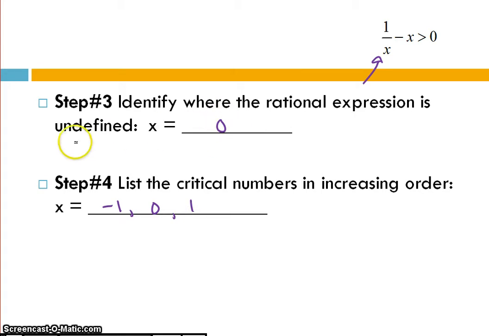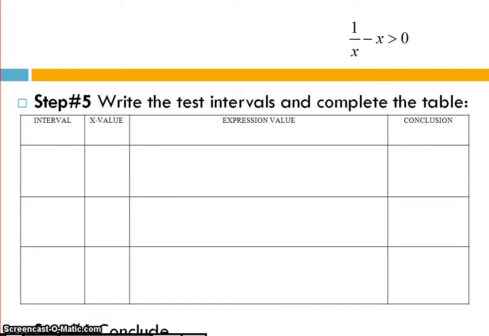At the critical value where it's undefined, you're always going to have the round brackets. At the x-intercepts, we look at the symbol, and that is going to be round brackets because it's strictly greater than. So we're going to have round brackets all over the place for the test intervals, and our critical values, once again, are minus 1, 0, and 1.